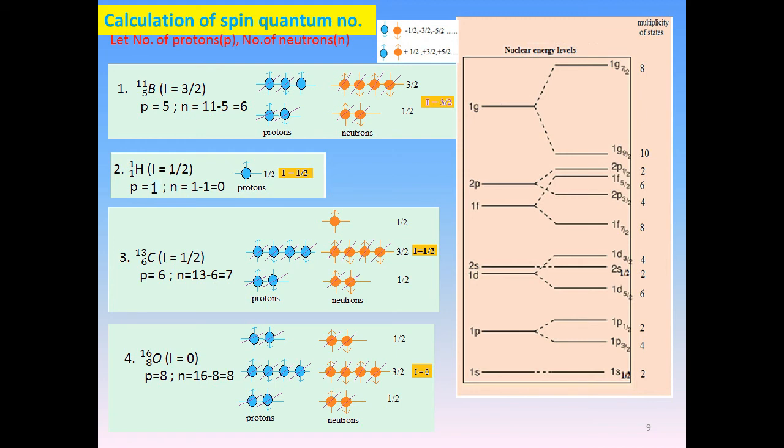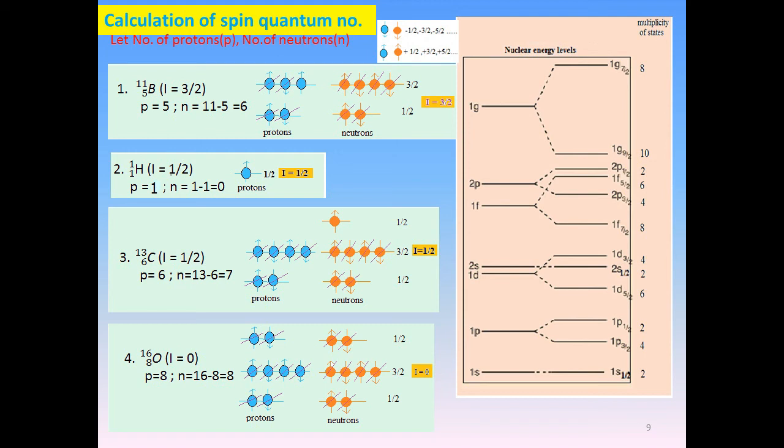These protons and neutrons are filled in the nuclear energy levels, which are indicated on the right-hand side, where the spin quantum number for each energy state is represented, as well as the multiplicity of the states.